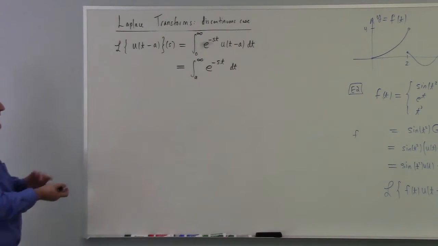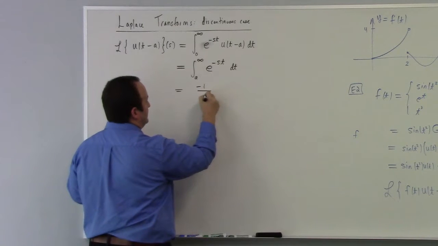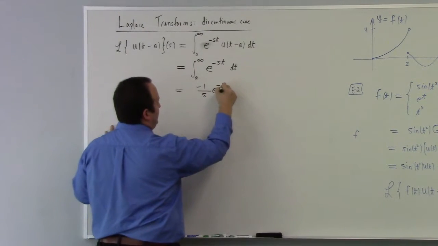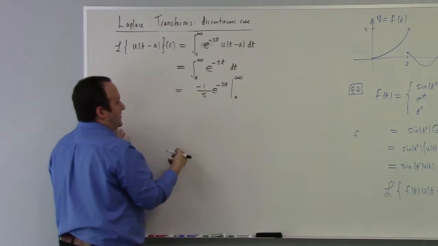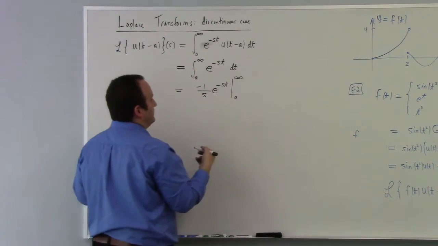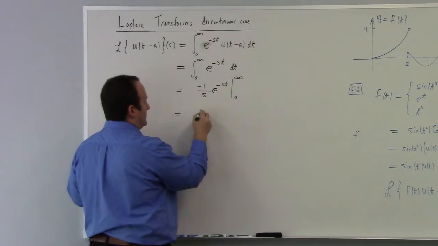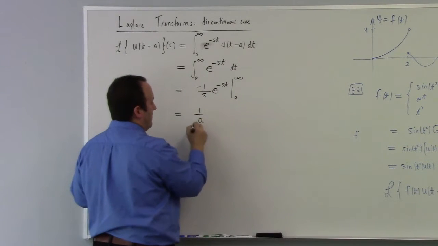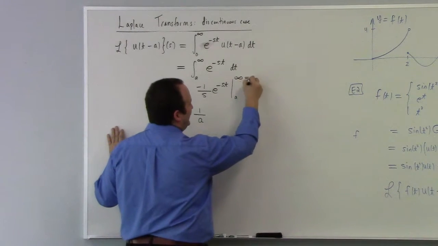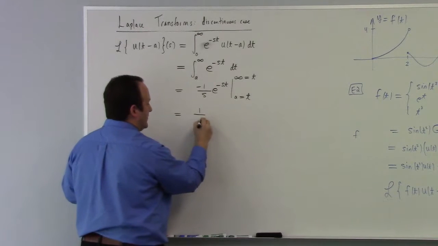Okay. And then you integrate. So this is minus 1 over s e to the minus st, evaluated from a to infinity. The infinity term drops out, provided that s is greater than 0. I'm an idiot, the integration is in t, not in s, so it's 1 over s.